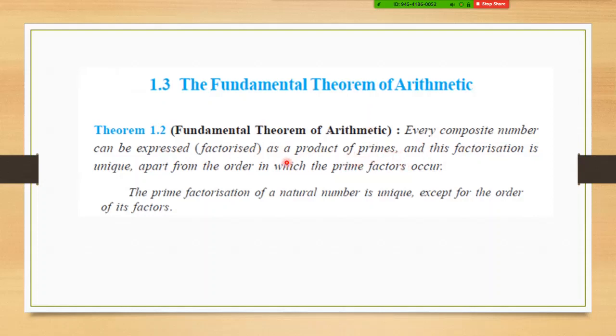Keep these in mind: as a product of primes, and this factorization is unique apart from the order in which the prime factors occur. I don't have the highlighter, it's not working, otherwise I would have marked it. So basically, we'll try to express or factorize numbers as a product of primes. That is what the fundamental theorem of arithmetic says.